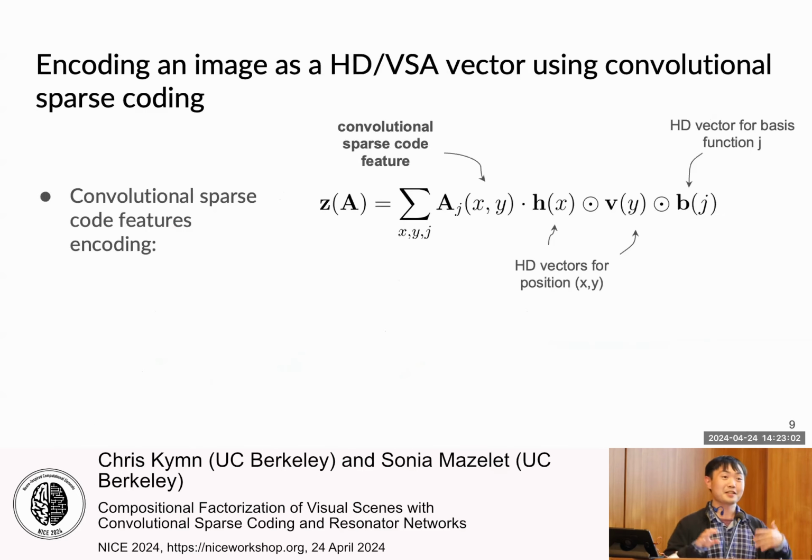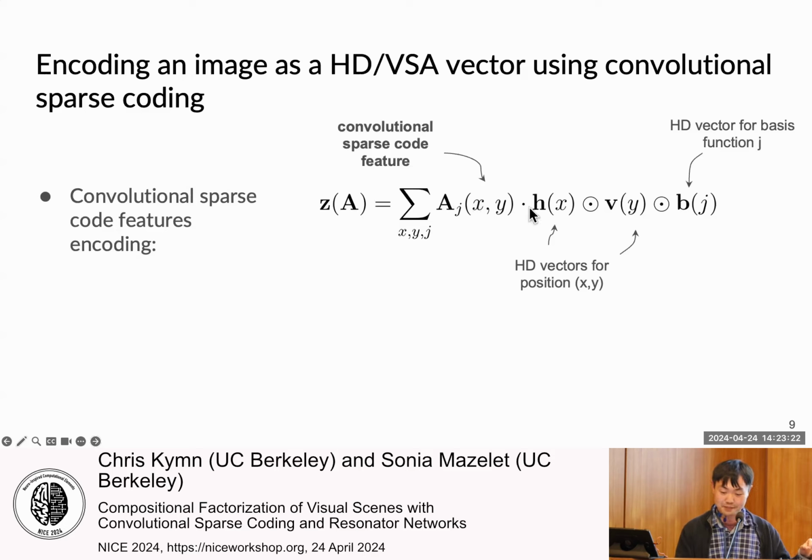So now we get into the details of, okay, how do we get to this high dimensional vector? The basic idea is that after we've gotten the convolutional sparse code, we have the particular features that we want to encode, and we have the feature map. So this is the indexed convolutional sparse code. This is the feature map J, and this is the coordinate XY. So this is a scalar.